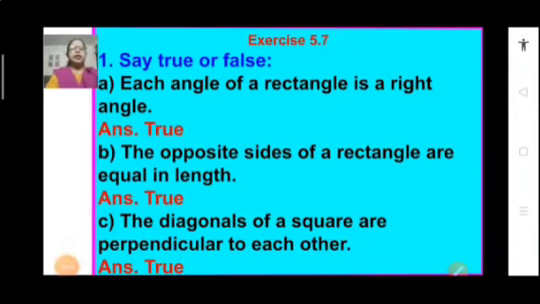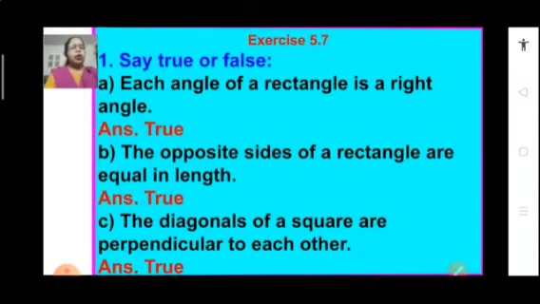First question is, say true or false. A. Each angle of a rectangle is a right angle. Yes, it is true. B. The opposite sides of a rectangle are equal in length. This is also true. C. The diagonals of a square are perpendicular to each other. Yes, it is true.